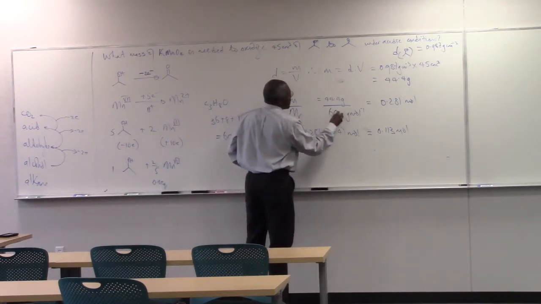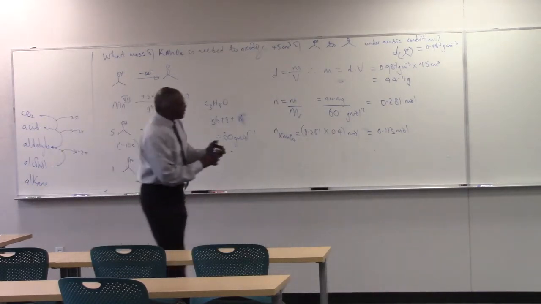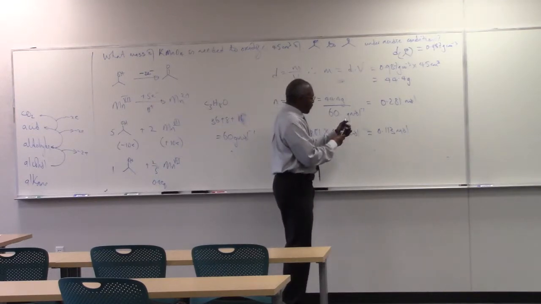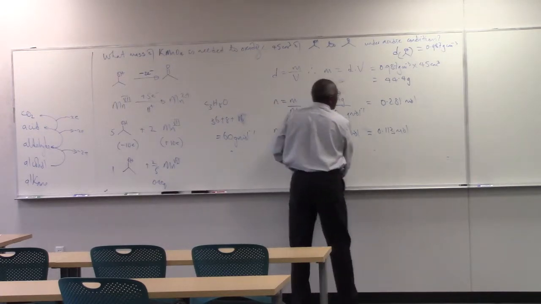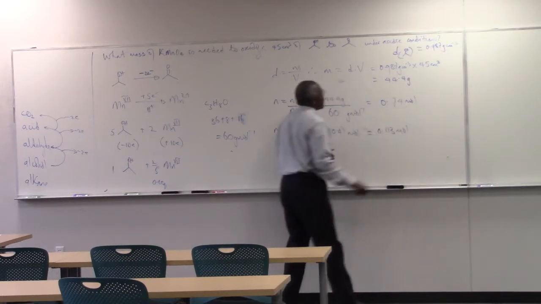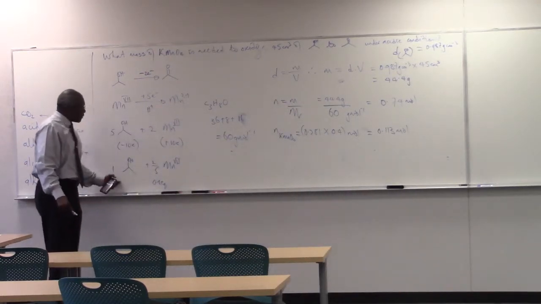It should be 60 grams per mole. So that should be a little less than 0.75. So that should be 44.4 divided by 60, which is 0.74 moles. So I have 0.74 moles of the alcohol.